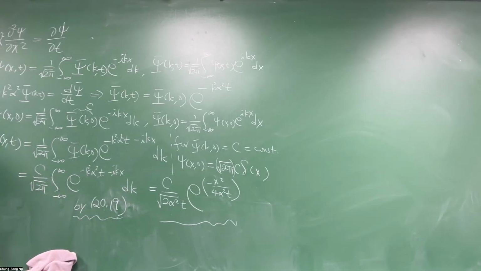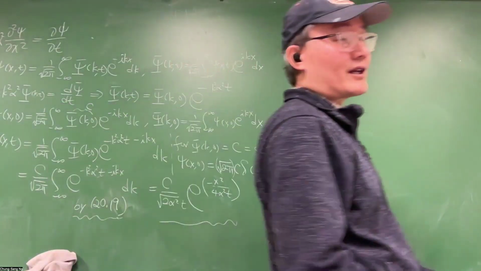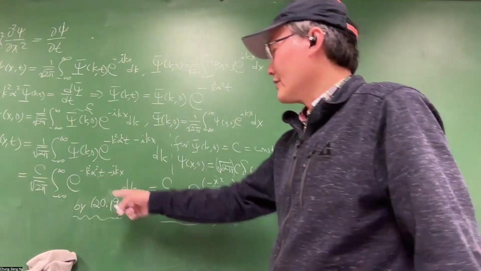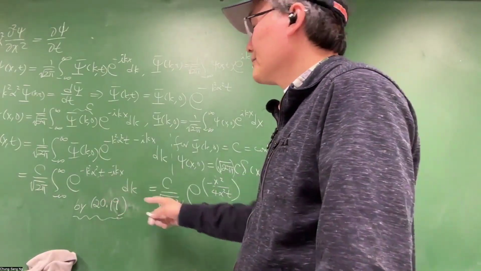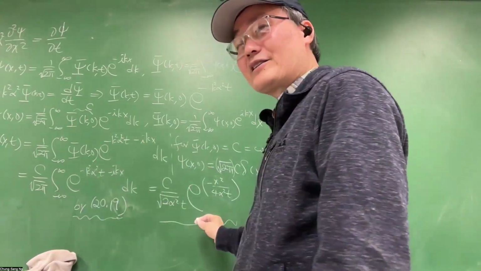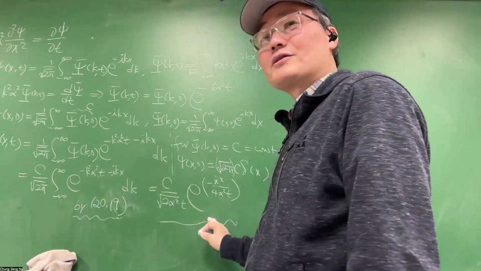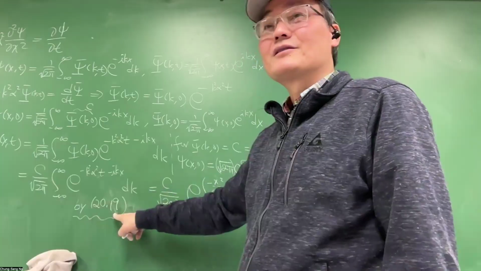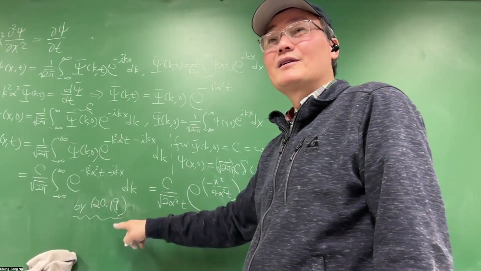But the form is the same. The form of the integration is the same, so I apply the formula and then find the corresponding conversion from one set of variables to the other set of variables and write down the solution this way. Just apply the solution of this.